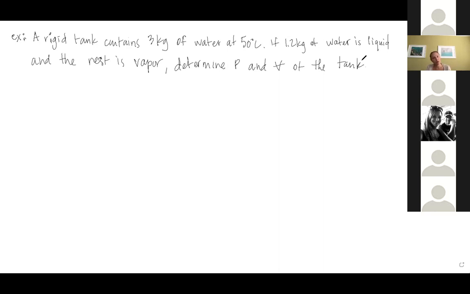If 1.2 kilograms of water is liquid and the rest is vapor, determine pressure and volume of the tank.